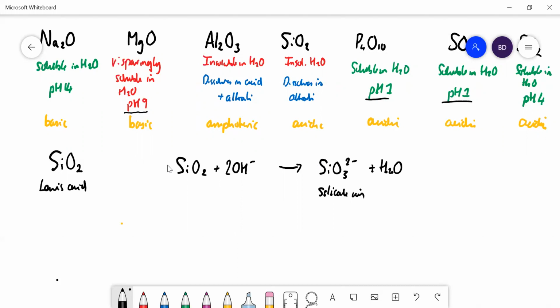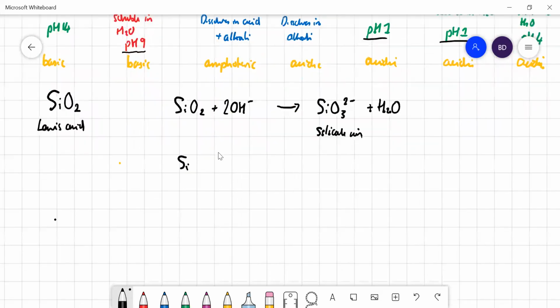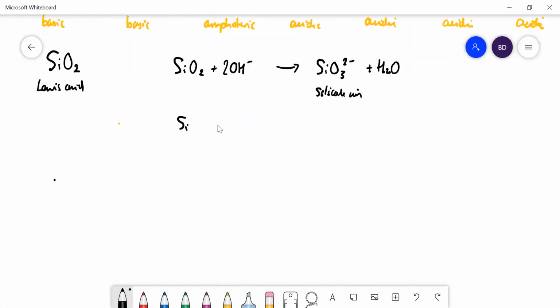Now, how does it react as a Lewis acid? Well, you've got silicon in silicon dioxide, and the silicon will be bonded to 4 oxygens. Of course, that is going to give the silicon quite a partial positive charge.